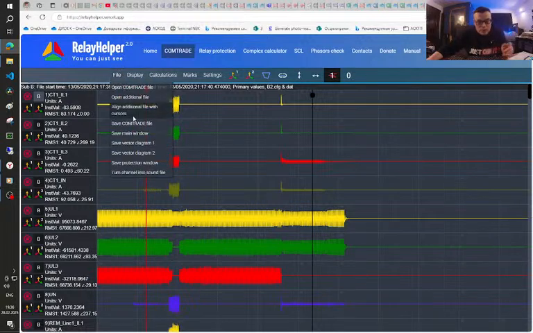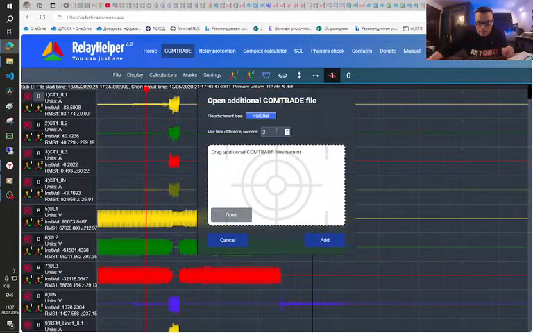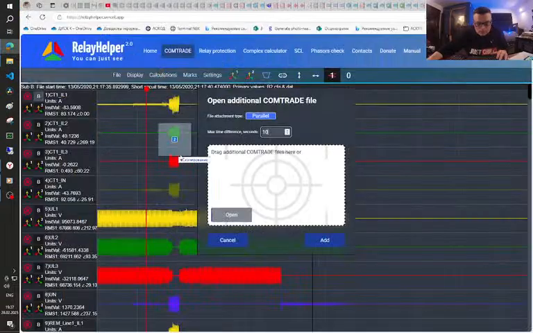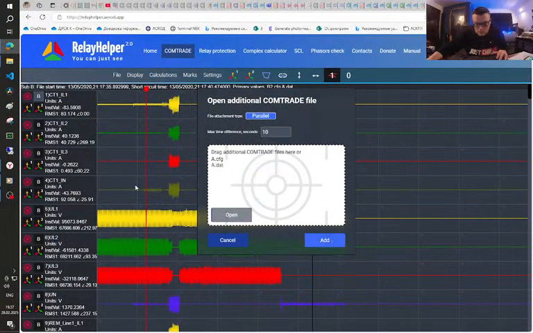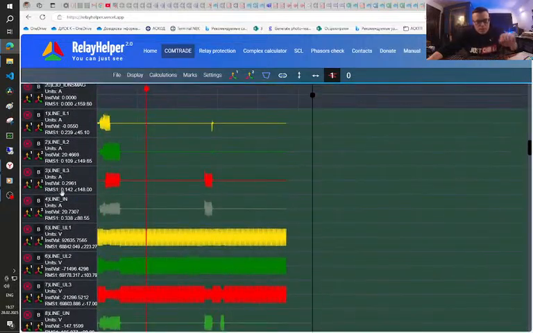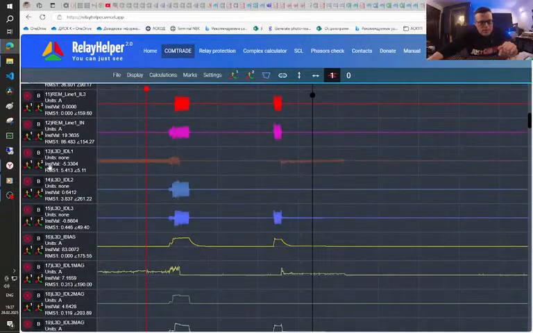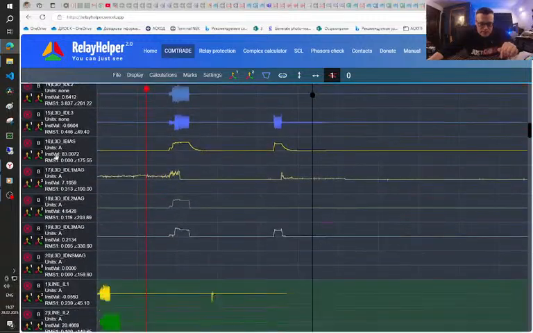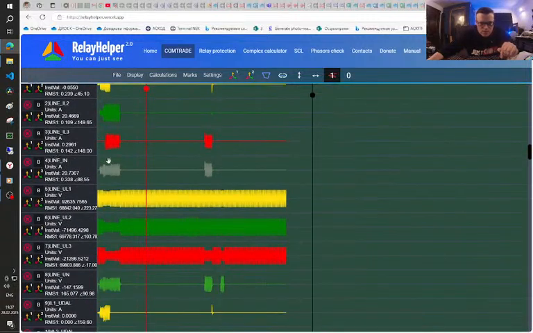Now I want to add here a record from substation A. You can see that the records and IDs were not synchronized, so I have to do it by hand.